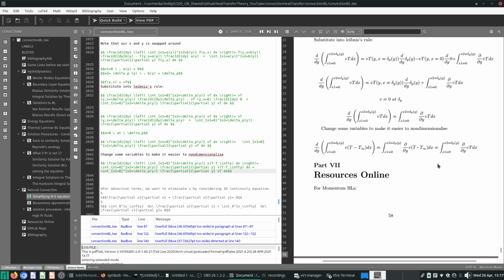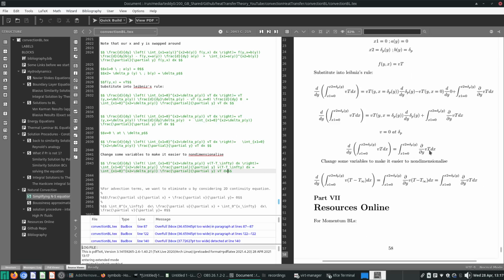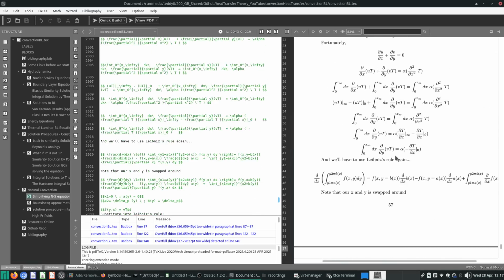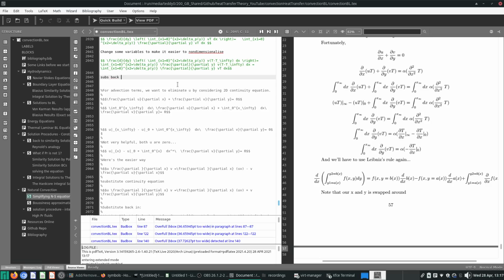It is totally legal to do that. Hopefully you understand why. But once we have this, we are able to substitute all of this back here, subs back in energy equation.